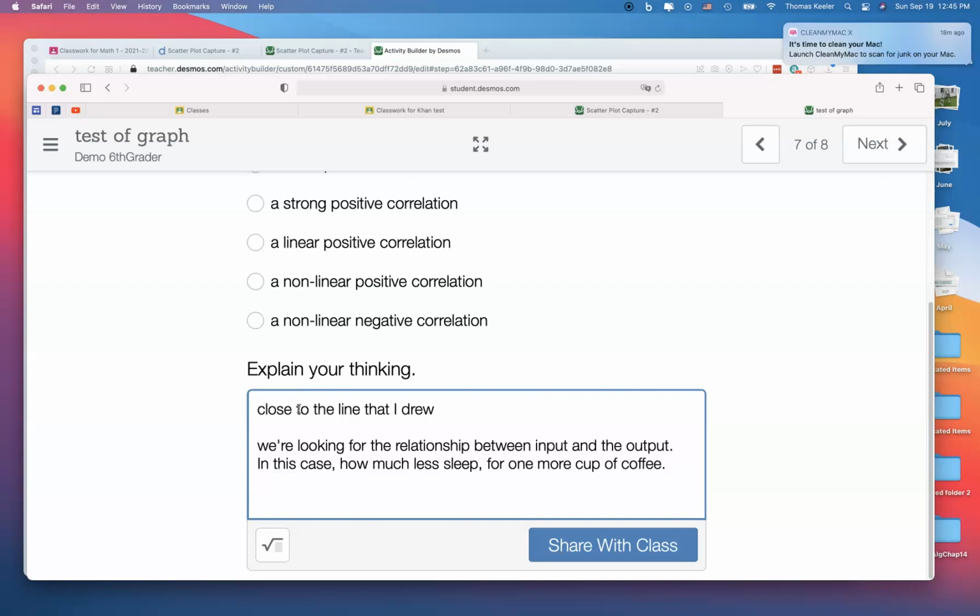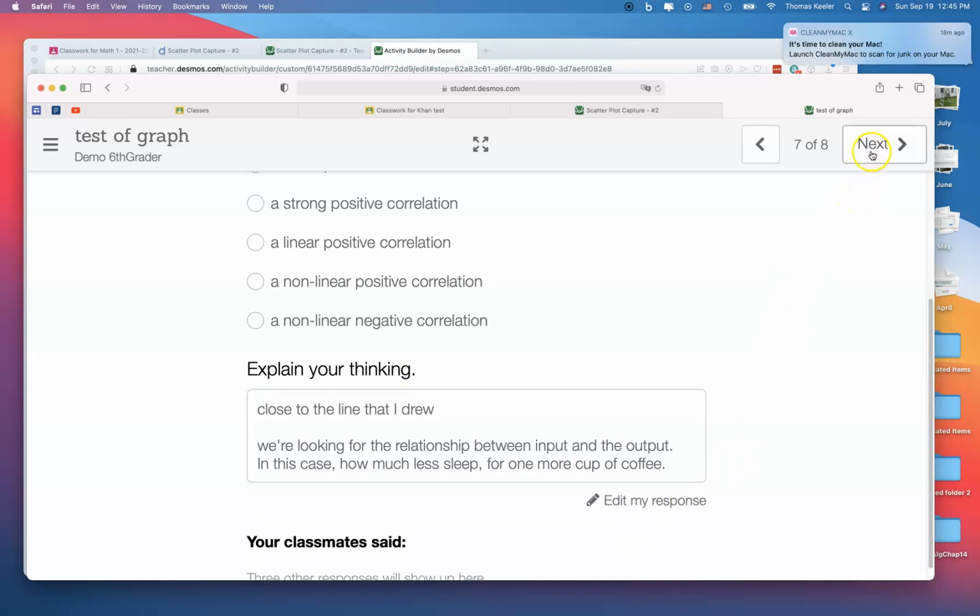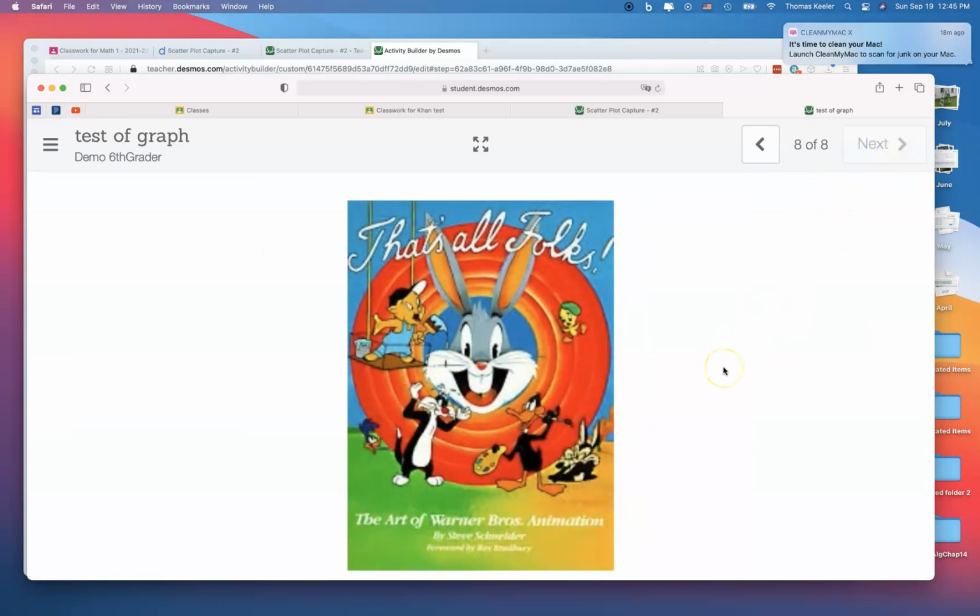This example may also not be so great, because what we'll discover is that sometimes things are linear for a while. As you drink more coffee, it goes down. But at some point, you've drunk so much coffee, it's not going to matter. You're not going to sleep any less than 0.